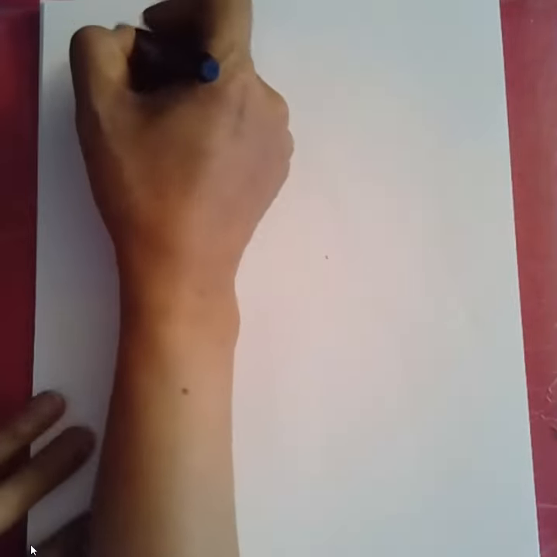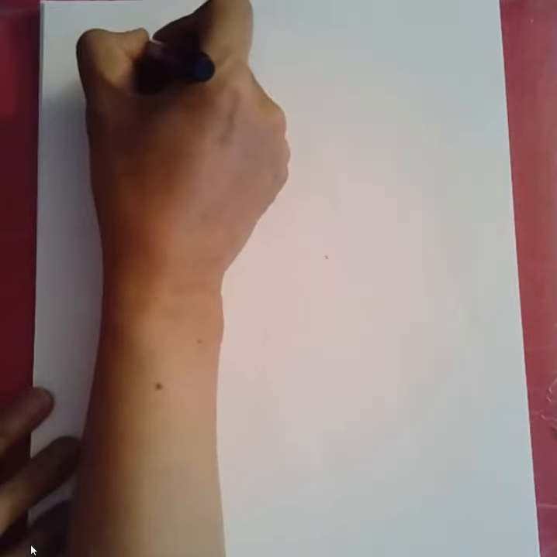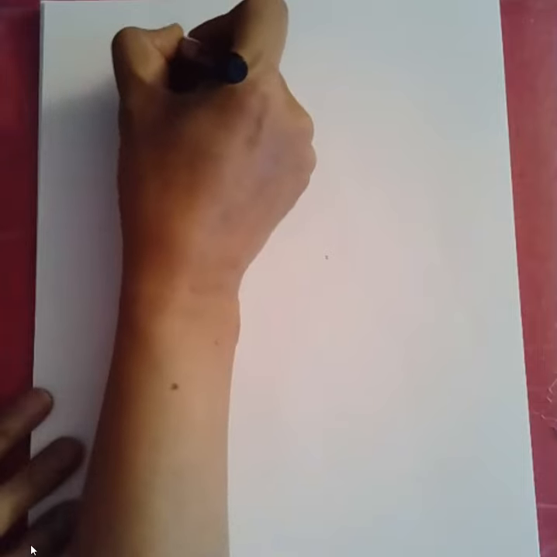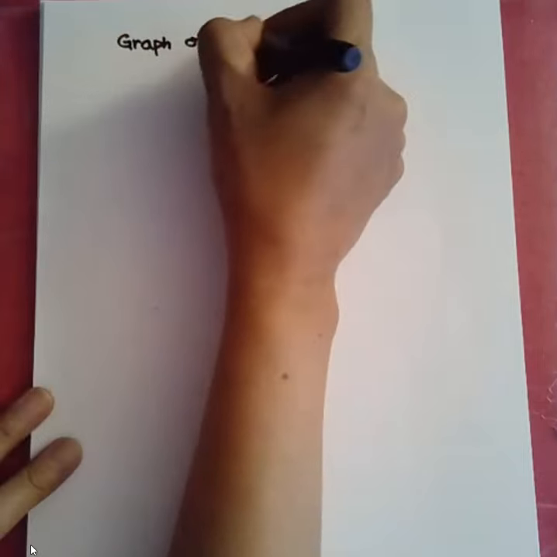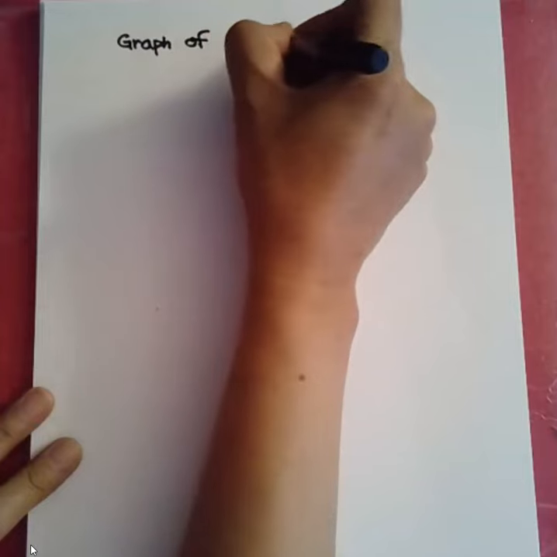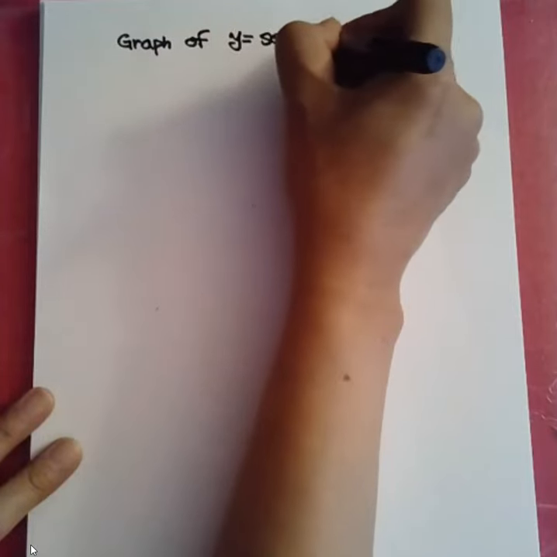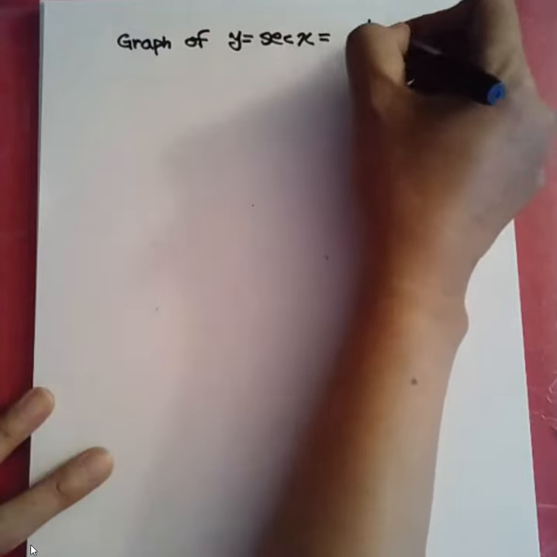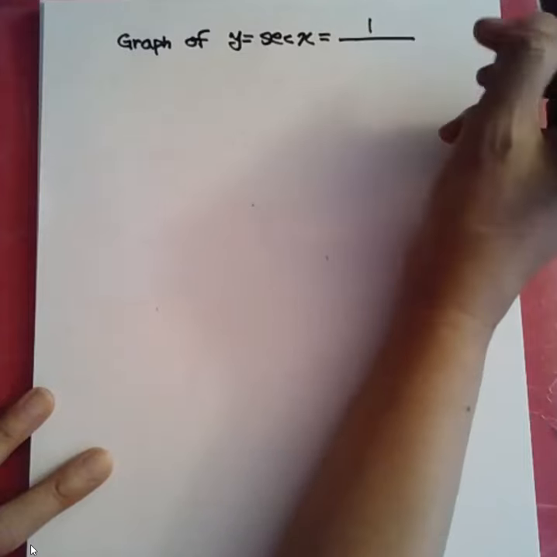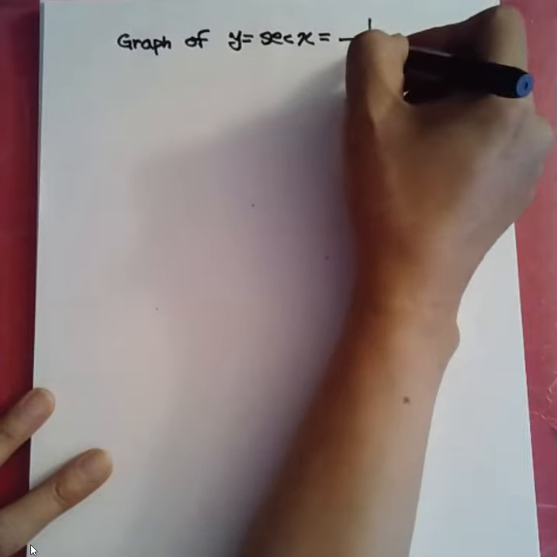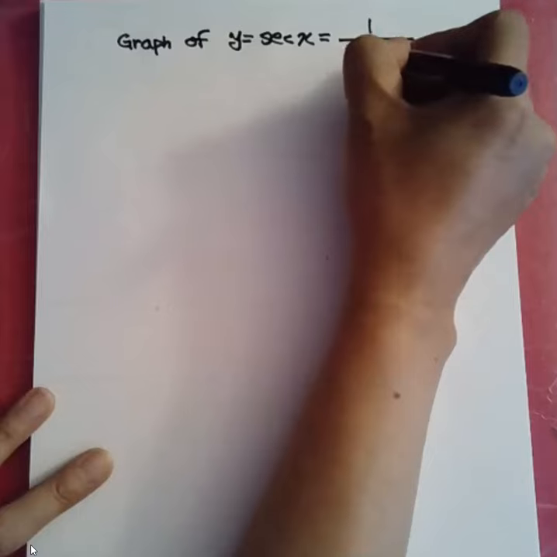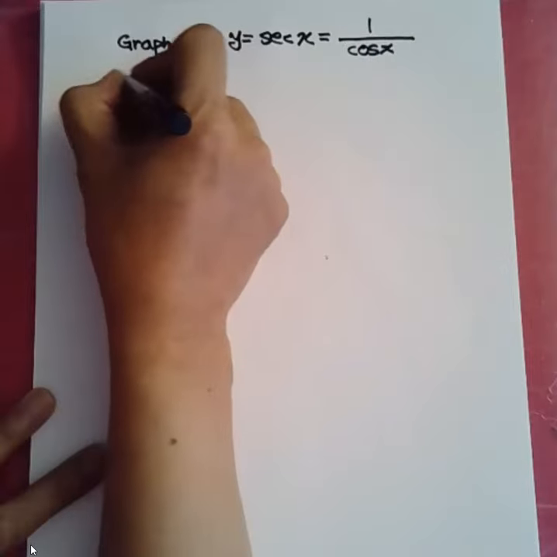The next one is the graph of secant function. Secant function is another fraction function that is 1 over cosine of x.